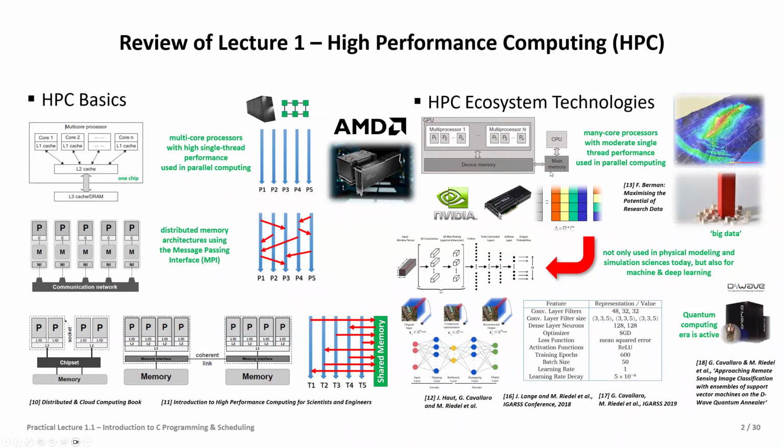What they all have as a shortcoming at the moment is that they often need the CPU to fill the main memory and to fuel the device memory of these GPUs in order to do data processing.